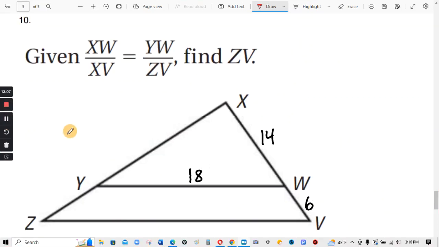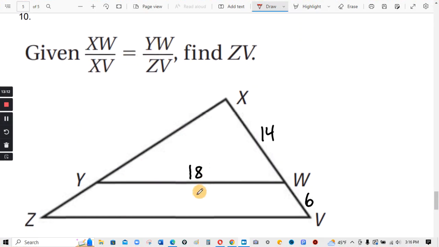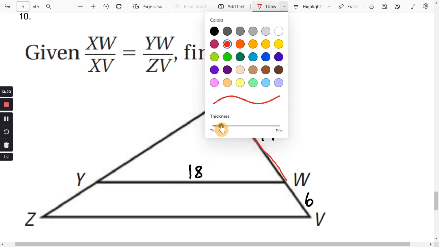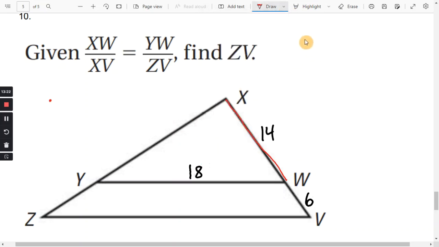All right, last one. This is good because they gave us the fractions and you can just plug in. All right, so for xw, we're looking at this right here. That's 14. So in place of xw, that's 14. And then for xv, that's this whole thing.